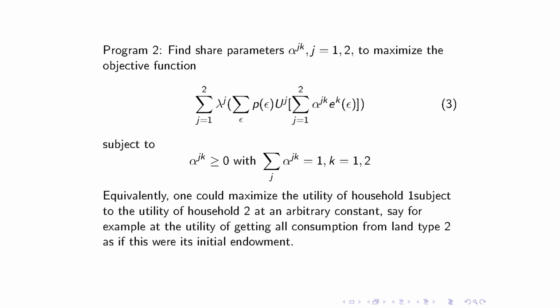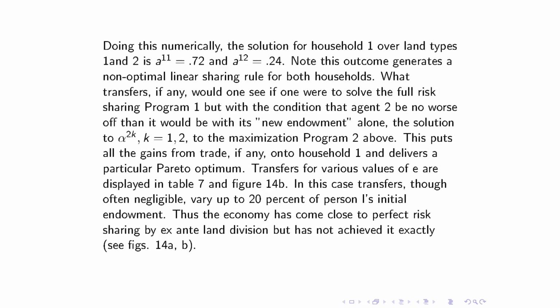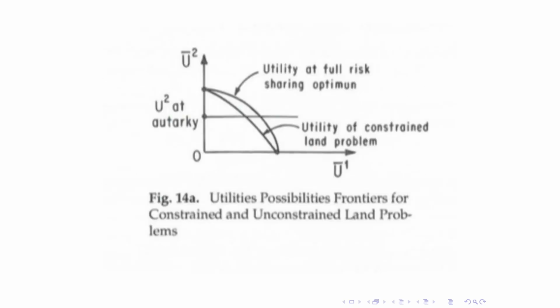and we assumed that we're going to solve this problem, maximizing lambda-weighted sums of utilities by these shares alpha JK, but we're going to assume that there are fewer land types than there are states of the world, namely only 2 types of land and a larger number S of states of the world.